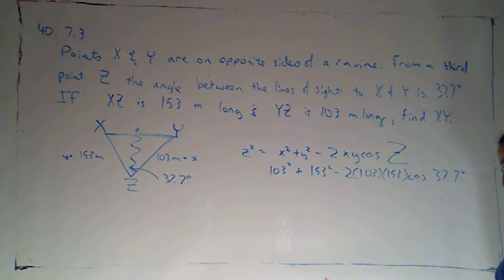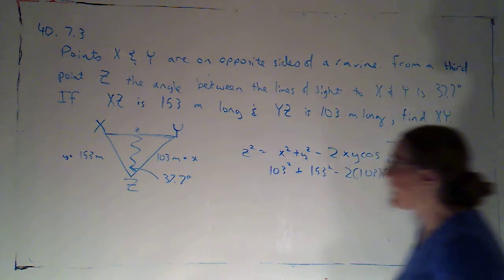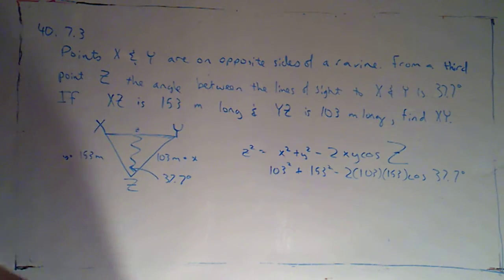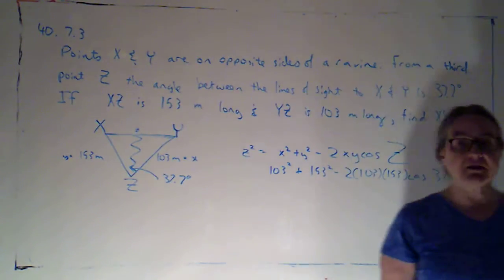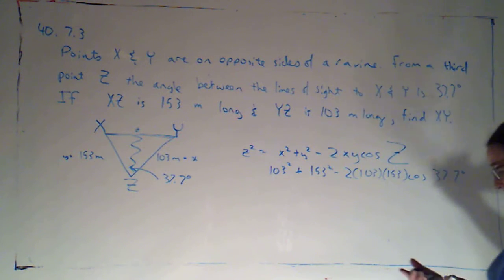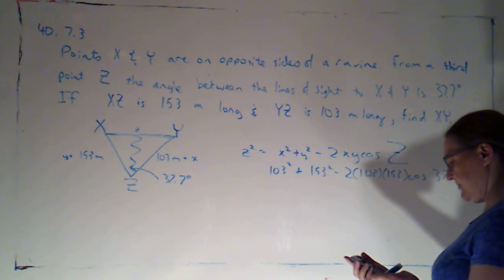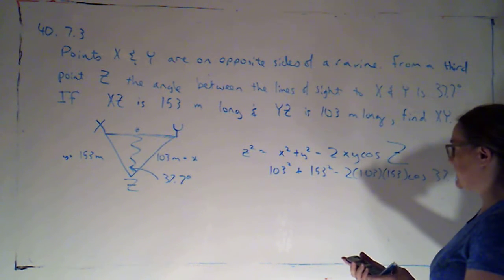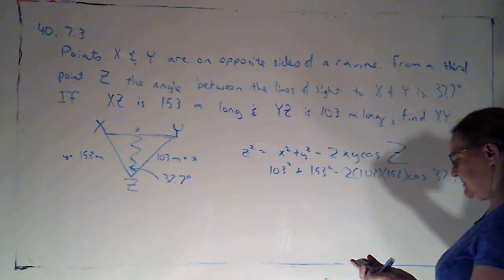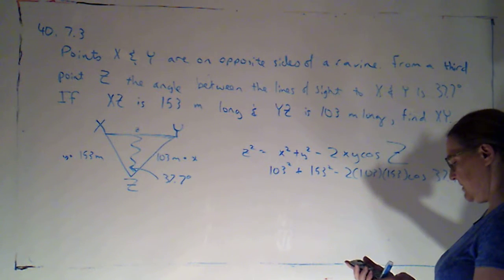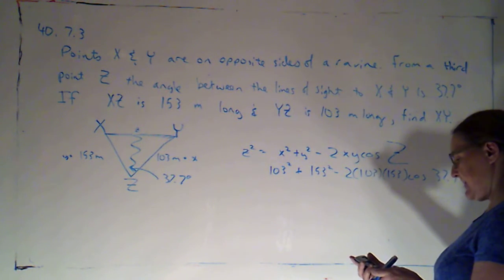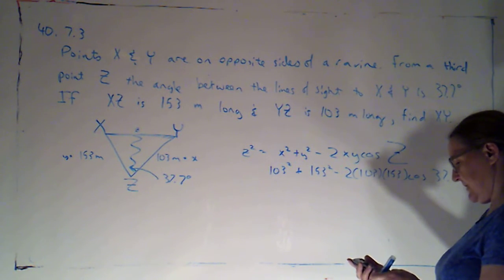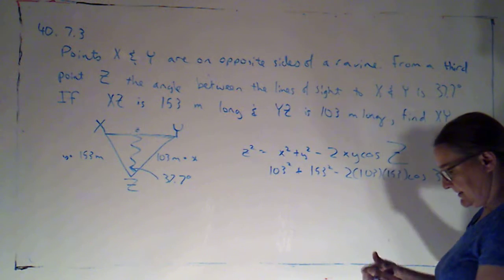That's going to give me z squared. Let's go ahead and grab a calculator here. Make sure the calculator's in degree mode. And then 103 squared plus 153 squared minus 2 times 103 times 153 times cosine of 37.7 degrees.